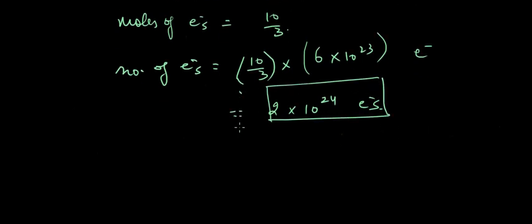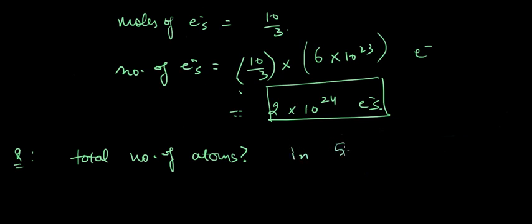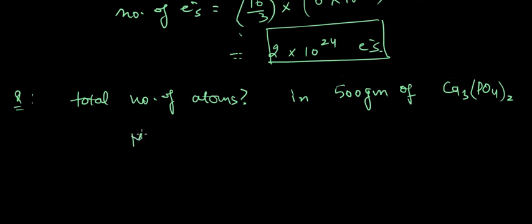Let's look at another example. We have to calculate the total number of atoms in 500 gram of Ca3(PO4)2. You can calculate the molar mass of Ca3(PO4)2. The molar mass would come out to be 310 grams.